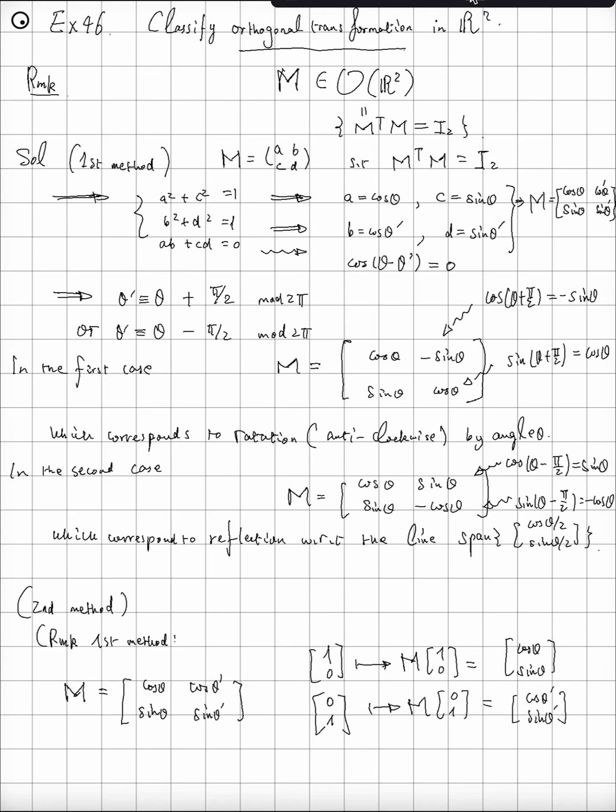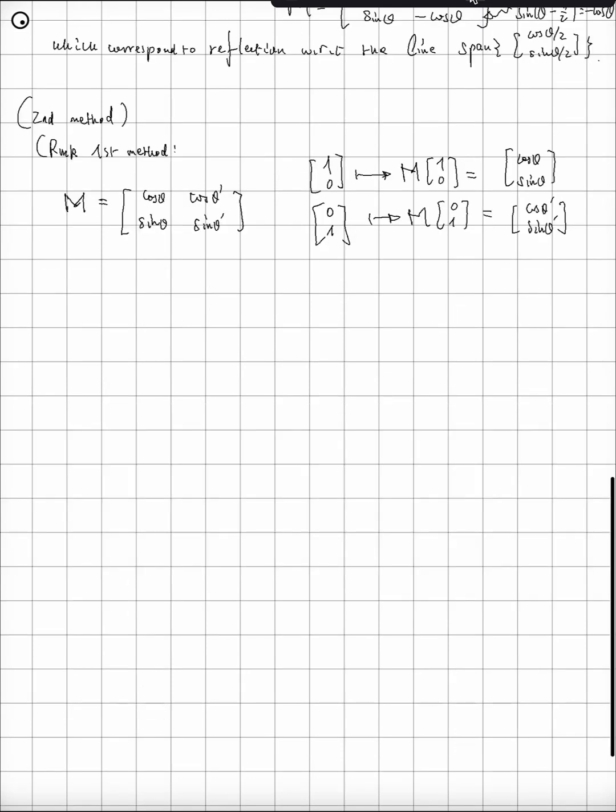So geometrically, we firstly preserve the length, everything is still on the unit circle, so this 1, 0 is mapped to some theta.